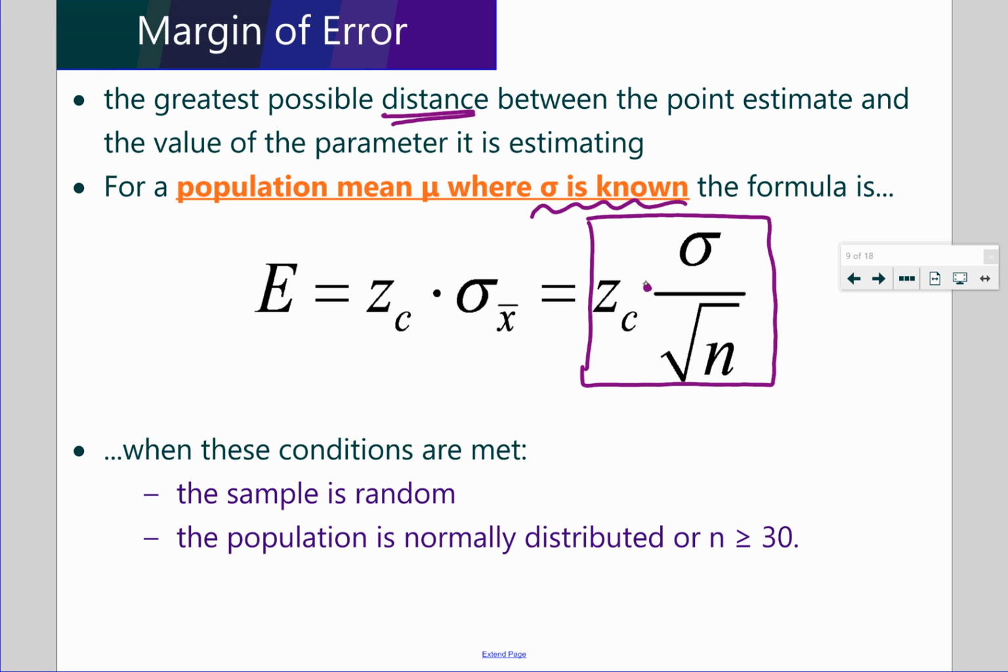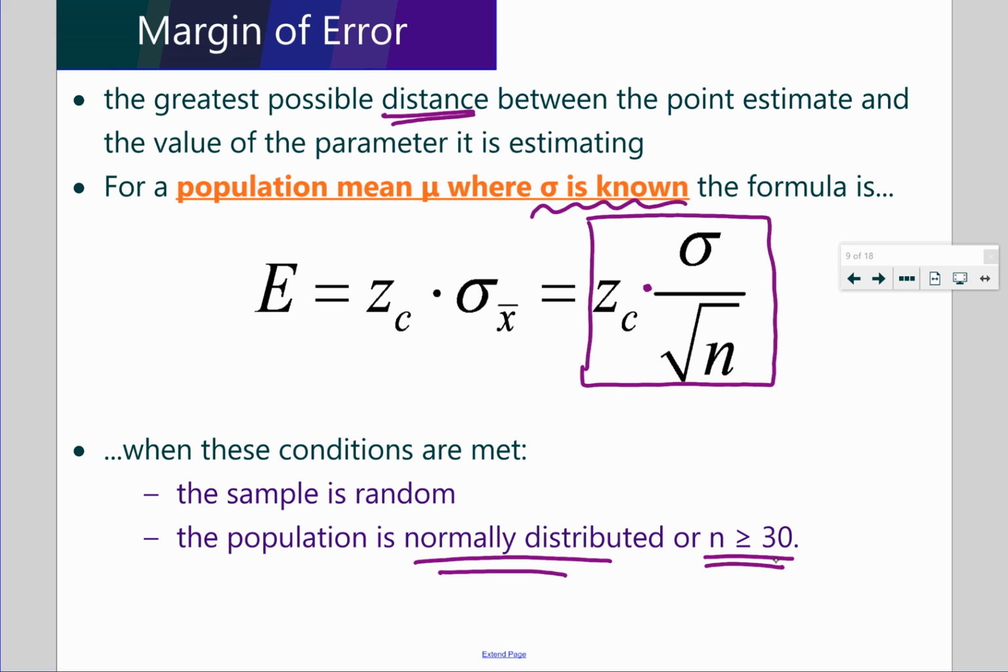Of course, we need to make sure that our data is either normally distributed in our population or our sample size is greater than or equal to 30 for this to all work. That's what hinges on our z-score chart being able to even be used.